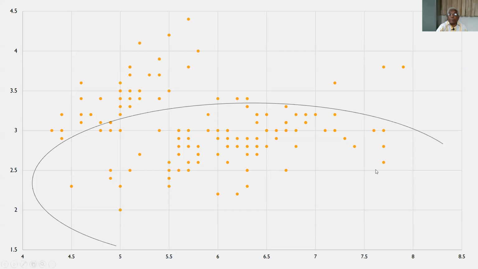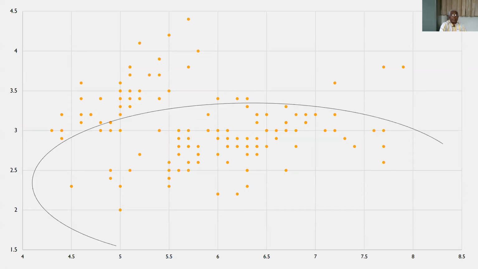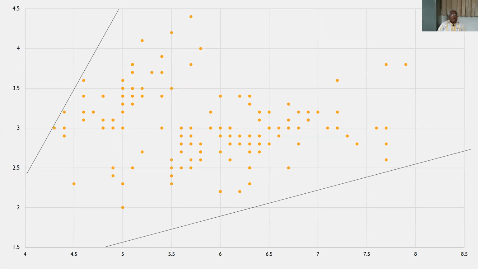Okay. Now let us see. Now instead of going for a complicated curvature type function, I will think of a linear function. That means I will think of a straight line type of separator. If you see, this is a separator.